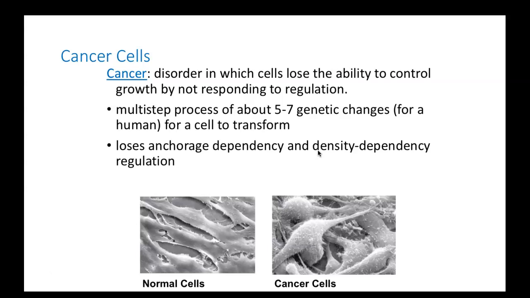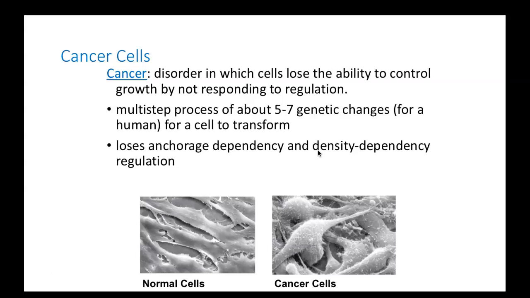Some proteins are like the police officers of the cell cycle, making sure the cell is stopping at the red light, all the checks are getting done, and that they can proceed when everything looks good. They're not dividing when things are too crowded, not dividing when they're not anchored to something. So basically the law enforcement of the cell cycle no longer works.